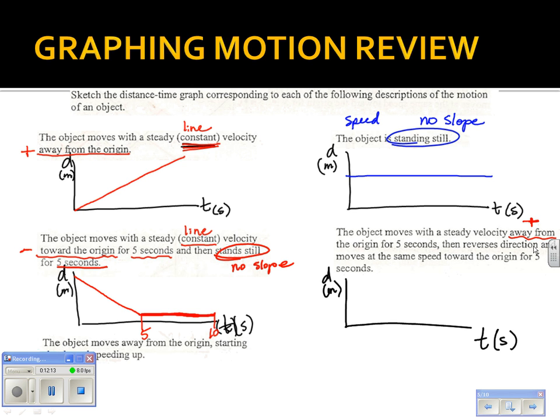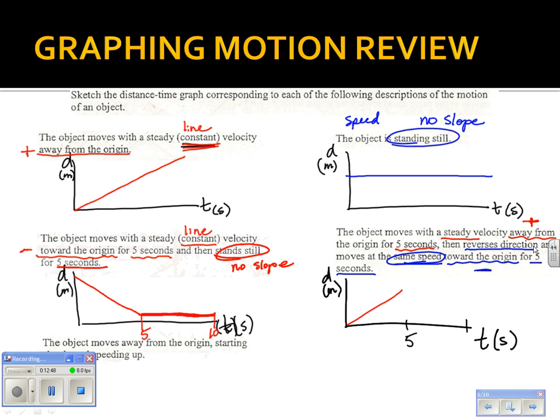And it's steady velocity, so that's going to be constant for 5 seconds. Then we're going to reverse direction and move at the same speed toward the origin, which is negative, for 5 seconds. These have to be the same sloping lines, because it says same speed. So we're going to first go away from the origin for 5 seconds.